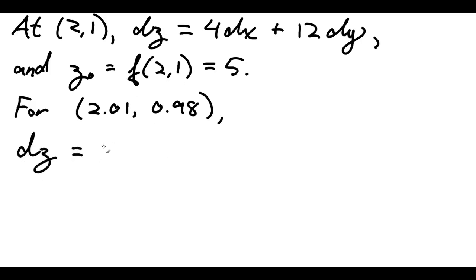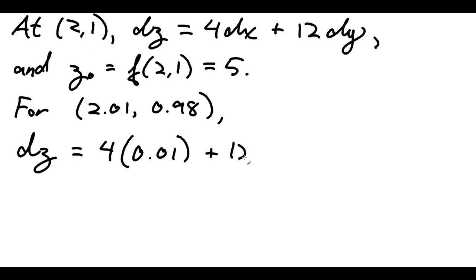So dz is 4 times dx. So what's dx? Well, dx is the amount of change in x. This was computed at 2, 1, so our x value was 2. We're looking at 2.01. How much did the x change? The x increased by 0.01, so we have a positive 0.01 there.